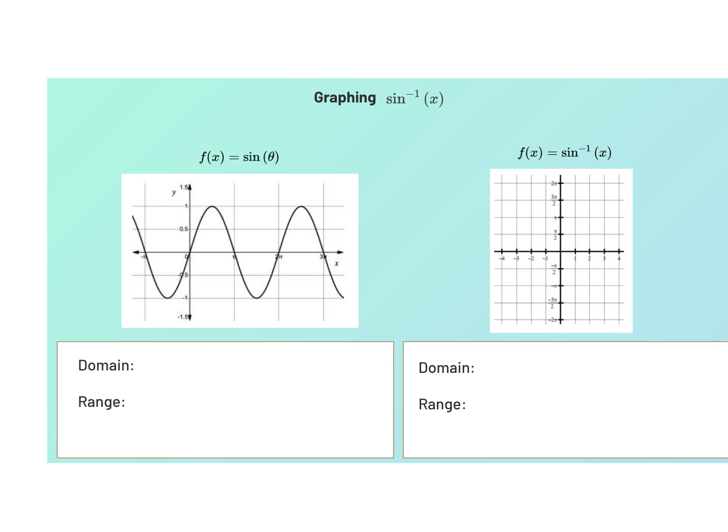So now we're going to look at the graphs of these inverse functions, starting with the inverse sine. So we have y equals the inverse sine of x. On our x-axis, we now are going to have our ratios, that's our input, and on our y-axis, we're going to have our angles, that's our output. A quick refresh on inverse functions.